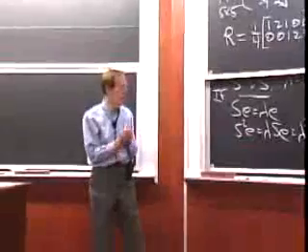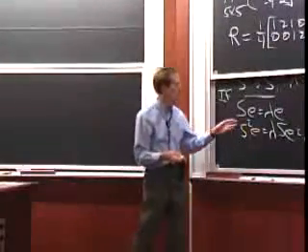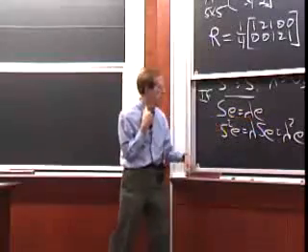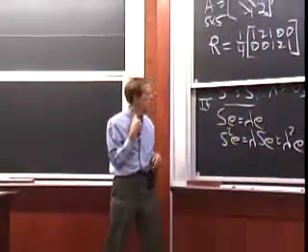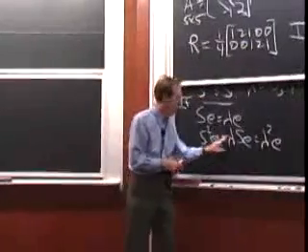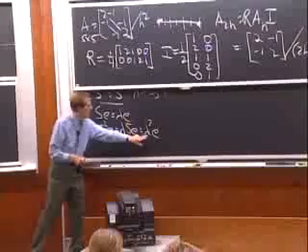I haven't done anything fancy here. All I'm saying is that any matrix, if it has an eigenvalue lambda and an eigenvector E, then S squared has that same eigenvector, and its eigenvalue is lambda squared.